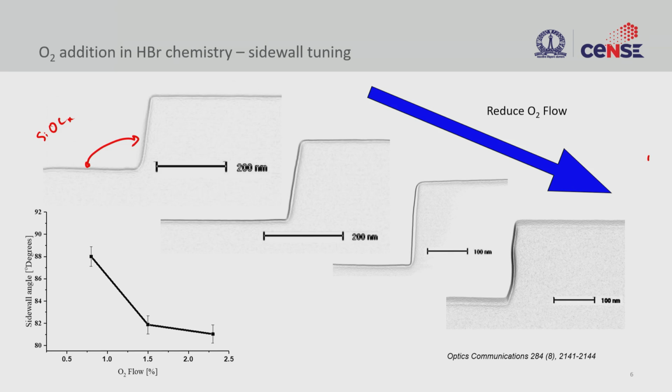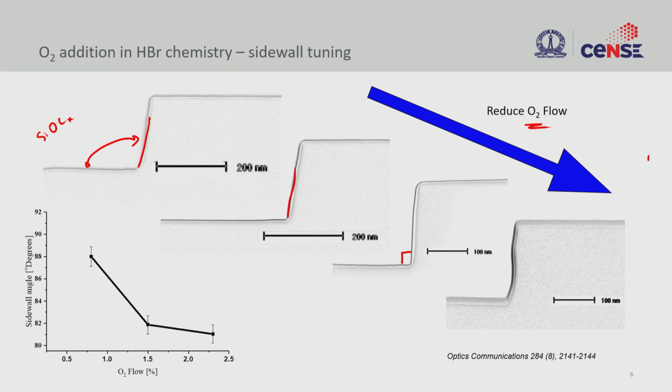So when you reduce the flow of oxygen, you can see here you are getting an anisotropic etch. So you can almost see a 90-degree angle here. The reason why this is 90 degrees is because the sidewall coating is slowly reducing.